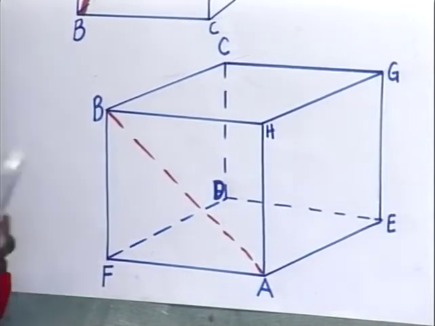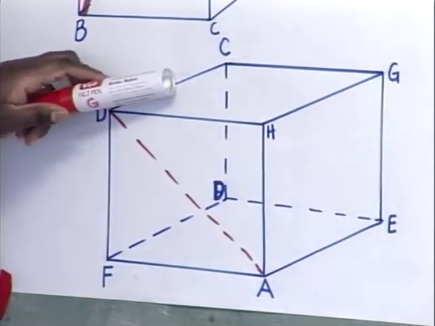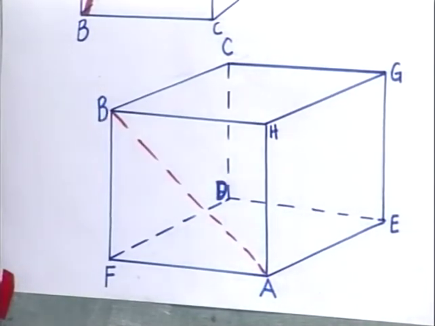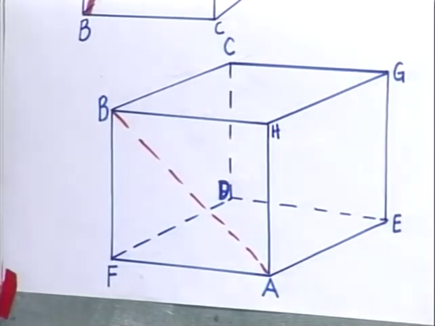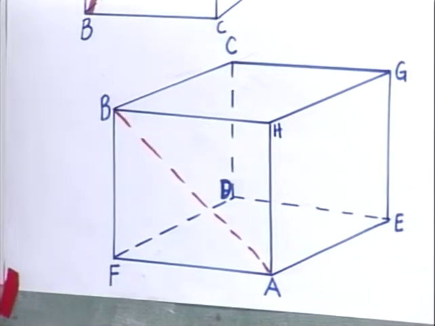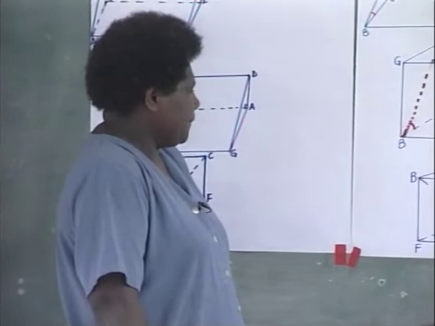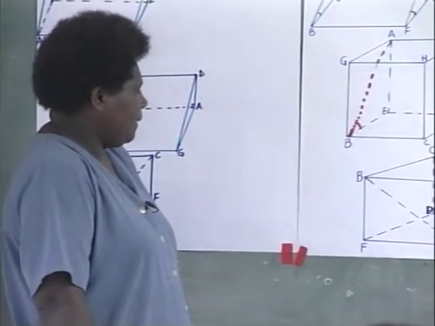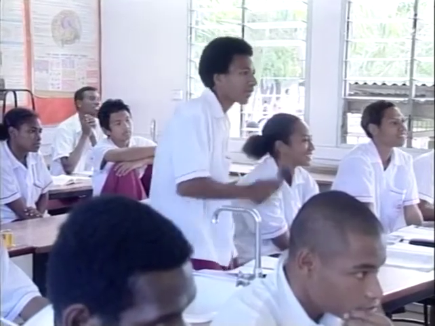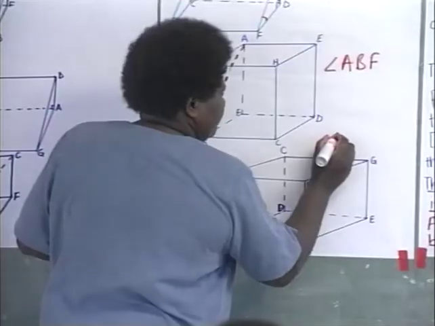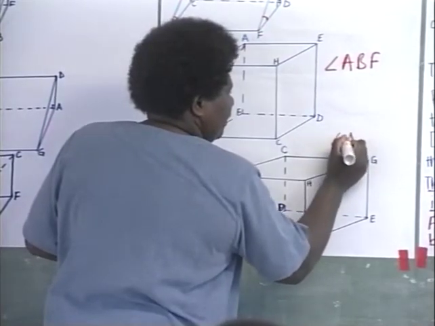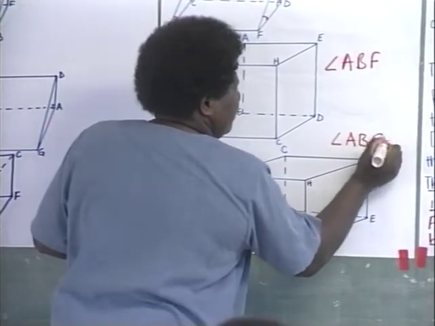Sorry, it's not the base, the plane BCDF. It's now the plane on the side. Conrelay. Angle ABF. Okay. Angle ABF is correct.